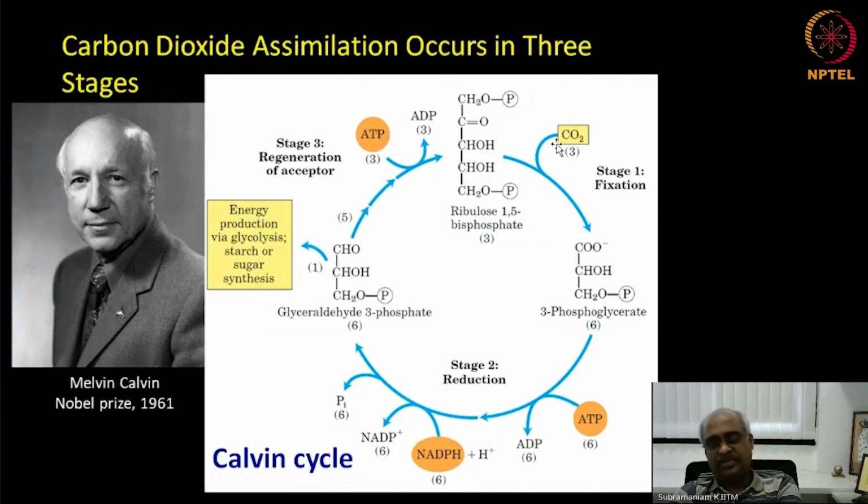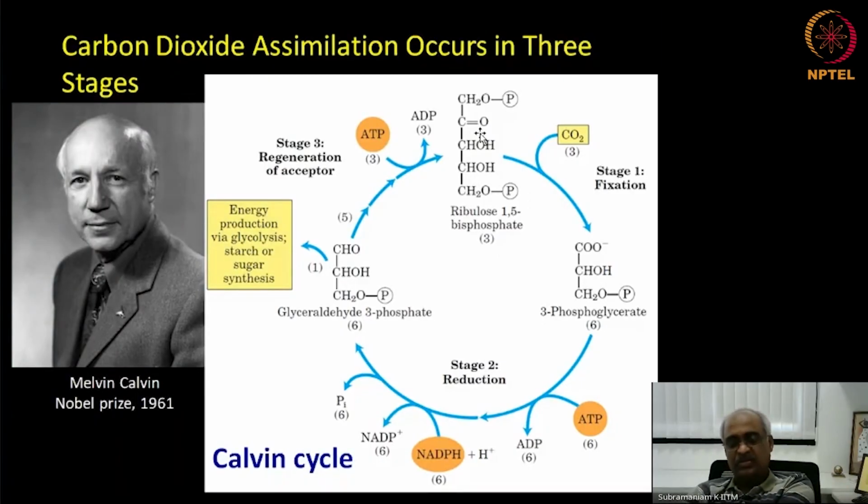The carbon dioxide gets incorporated into a pre-existing carbohydrate, and this pre-existing carbohydrate used here is this pentose, ribulose 1,5-bisphosphate. Ribulose, that ULose ending should sound like aldose, like fructose; it has a ketone group.